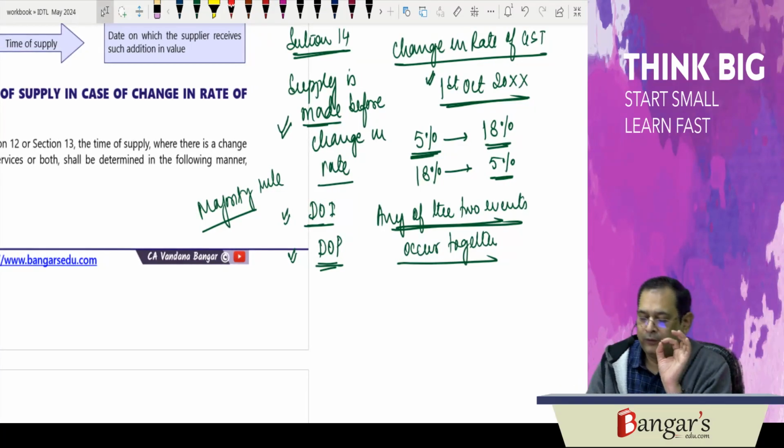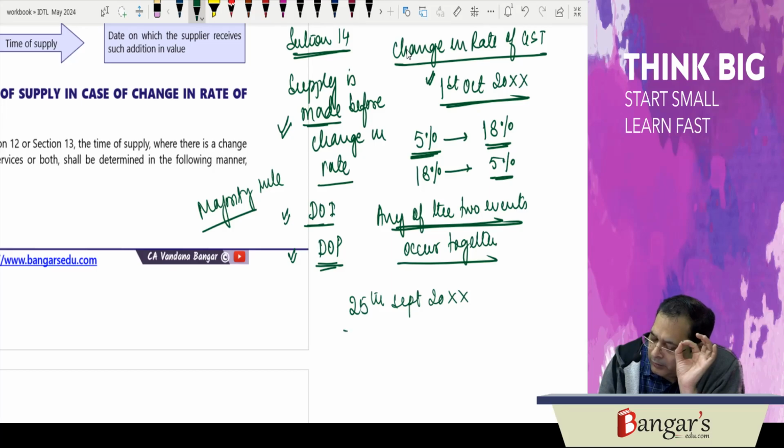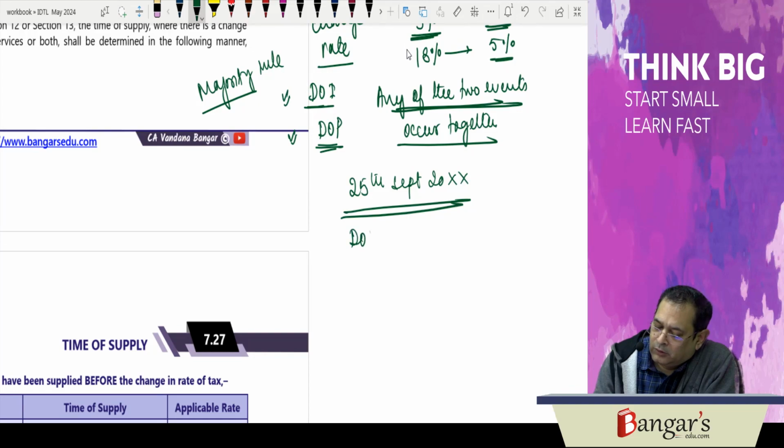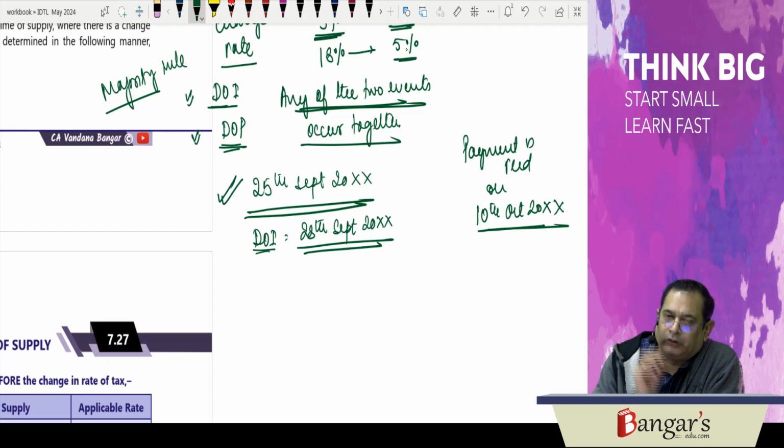Say for example, here in this particular case, if supply was made on 25th of September, and invoice was issued on 28th of September, and payment is received on, say, 10th of October. Now what 2 events occur together? Supply has been effected prior to the change in rate of tax.